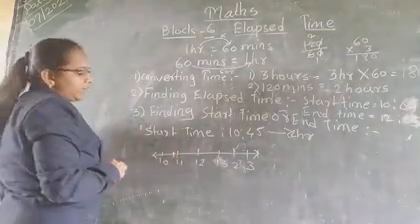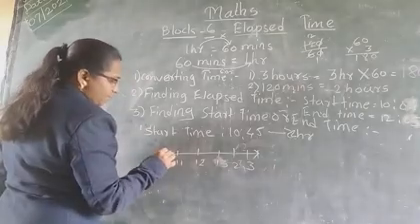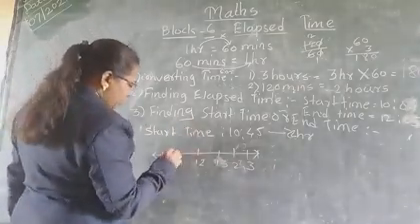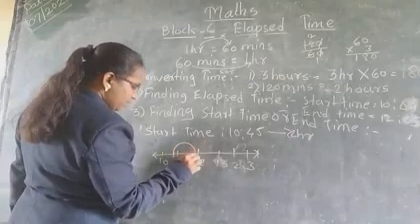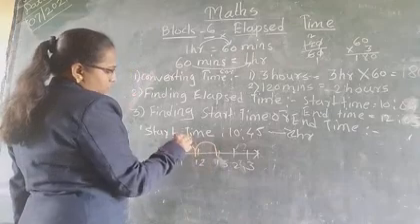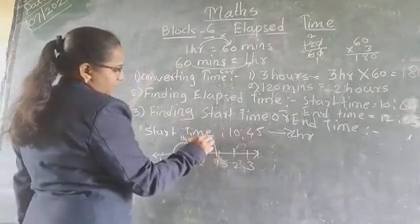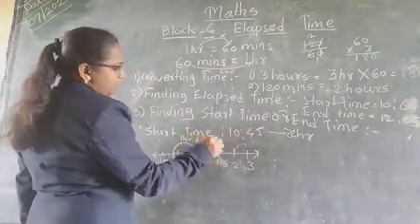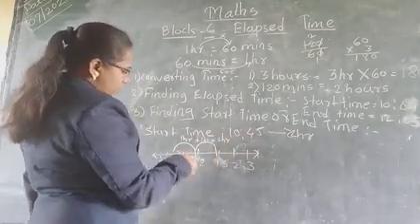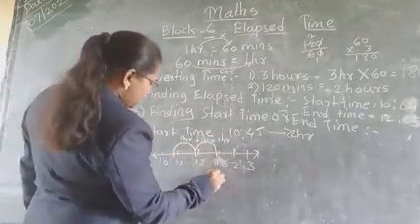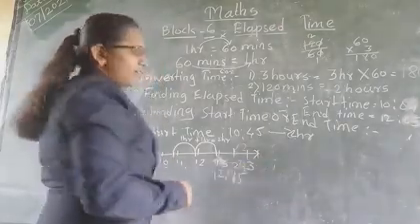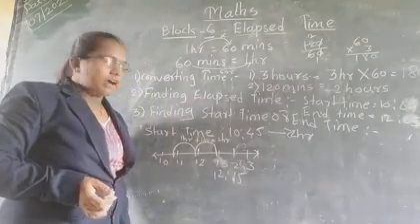This is 10:45 and from here we count the 2 hours. So 1 hour, and here 2 hours. 1 hour plus 1 hour is equal to 2 hours. So the time is 12:45. Understand how we count?